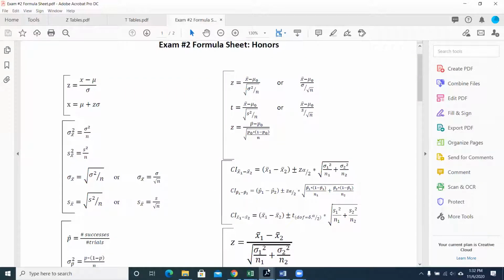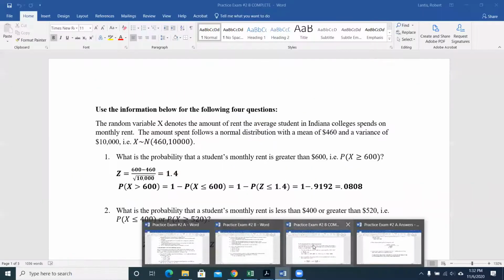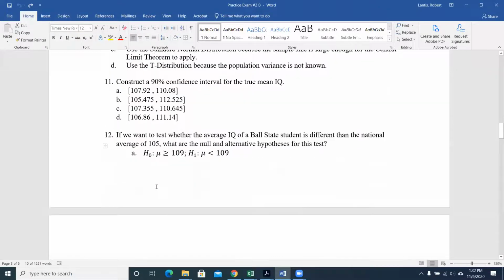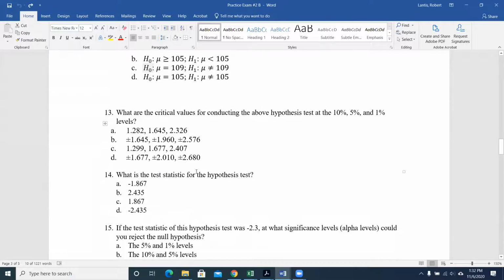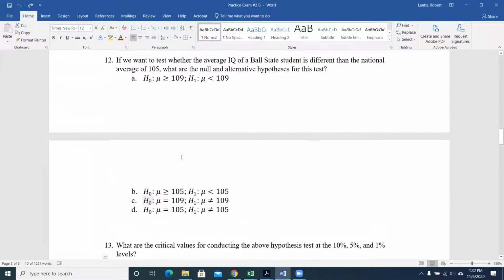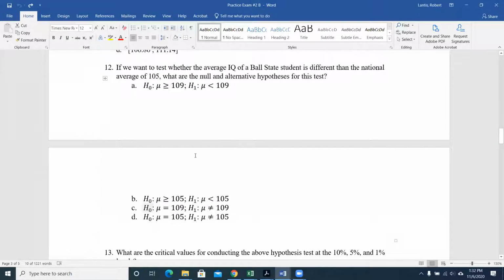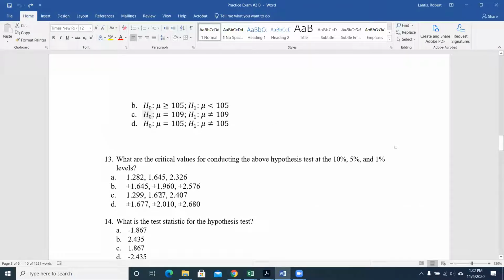Now, on the practice exams I gave you here, if you identify it wrong, you might make mistakes and have cascading errors. So on the exam you'll take, a lot of the time there'll be a question 12 here where it asks you to identify the null and alternative. But then when it asks you to find critical values, I'll give you a new assumed null and alternative hypothesis instead.